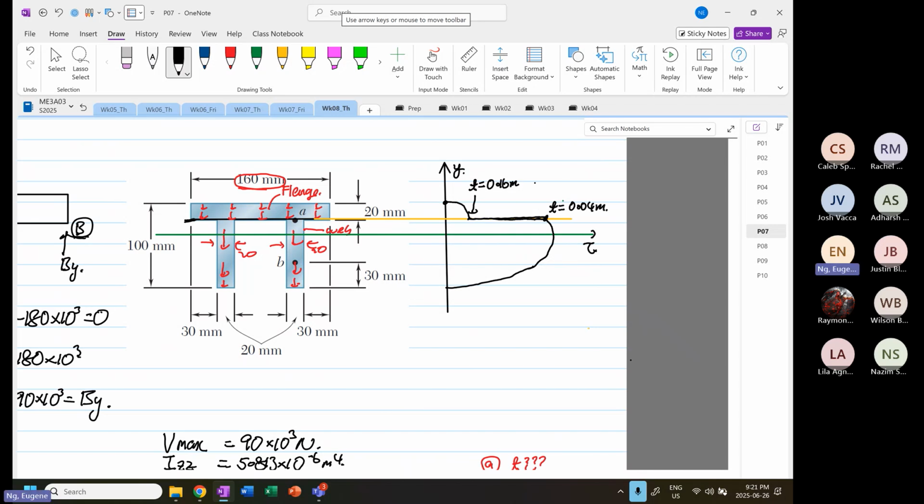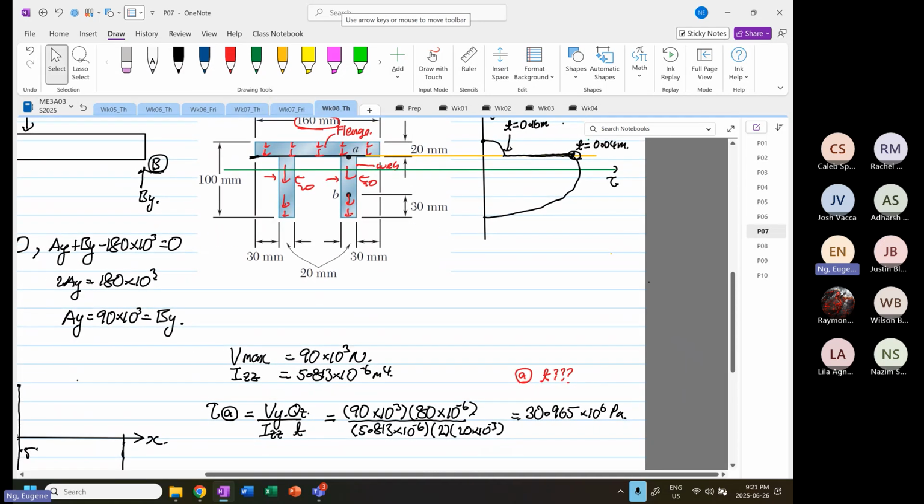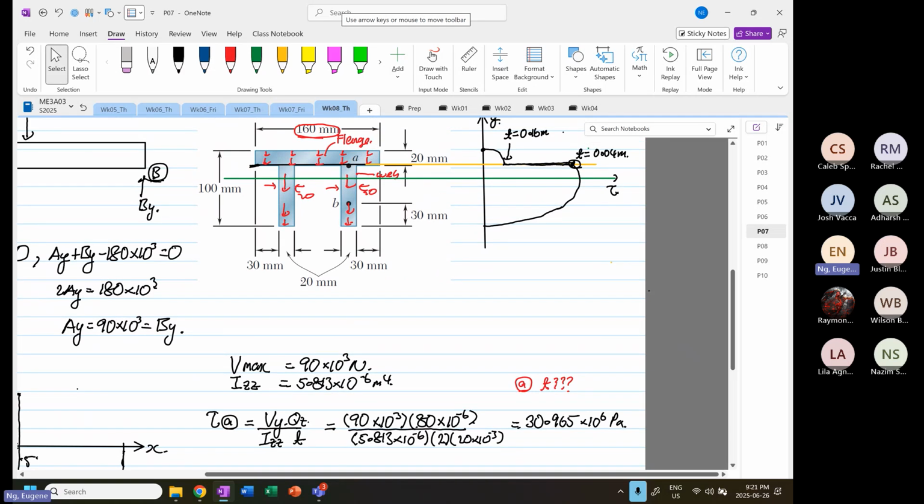So that is why we determine this value over here. Are we clear? This is a very important concept that you all need to know. I'm serious over here. So now we have determined that it's 30.965 times 10 to the power 6.